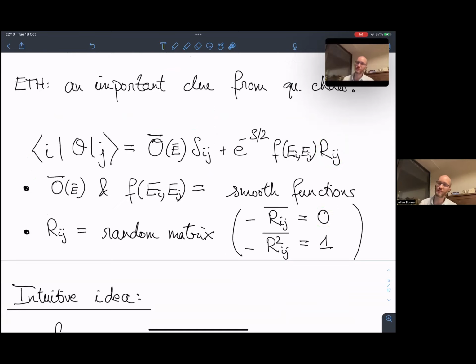Okay, unit variance, why? Because the variance does change as you go through the spectrum, but that's basically what this function f does for you. So what remains, the random part, is really just a unit variance random matrix.